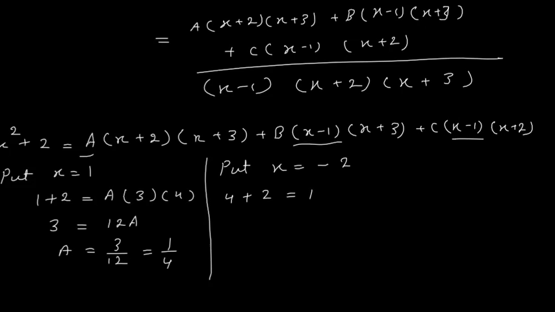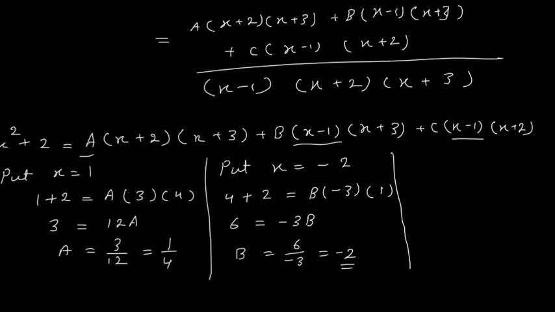My b term is minus 2 minus 1, that gives me minus 3, and minus 2 plus 3 gives me 1, and my c part is 0. So 6 is equal to minus 3b. This gives me the value of b as 6 upon minus 3 is equal to minus 2. So this is the value of b.